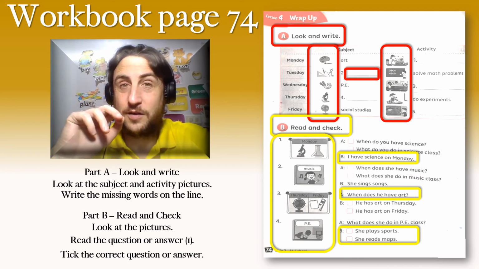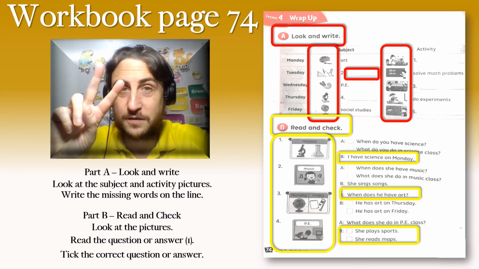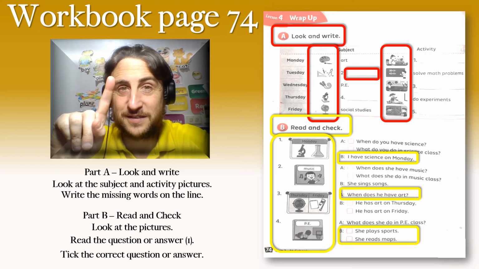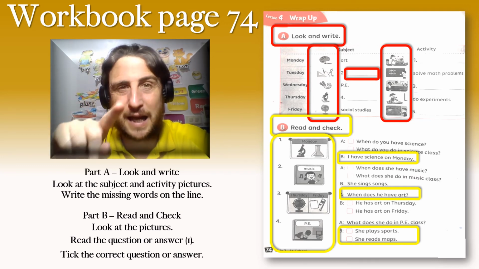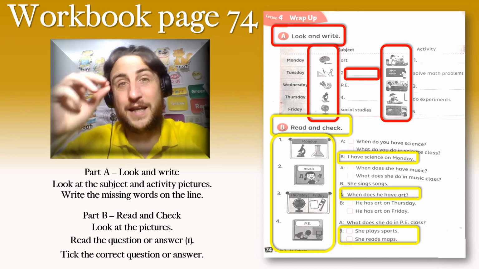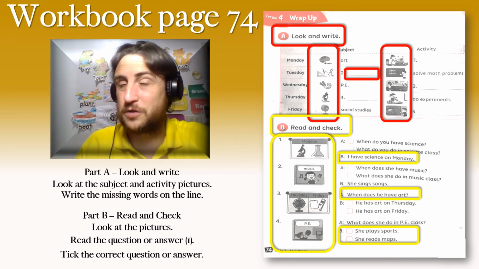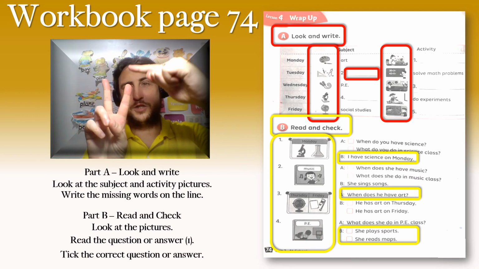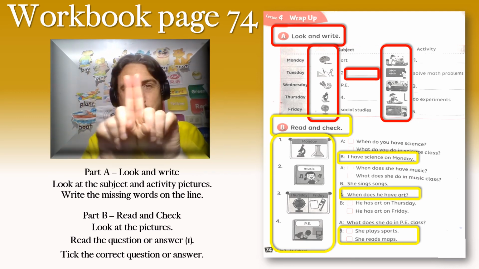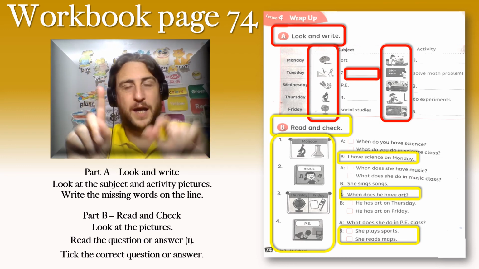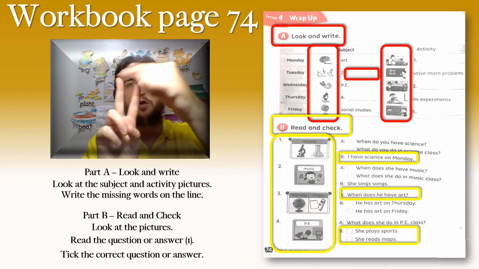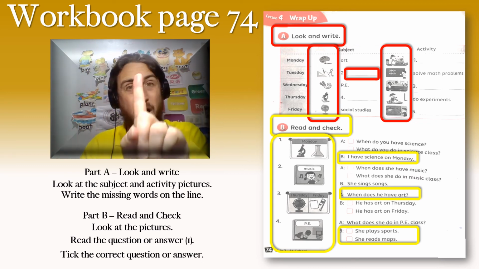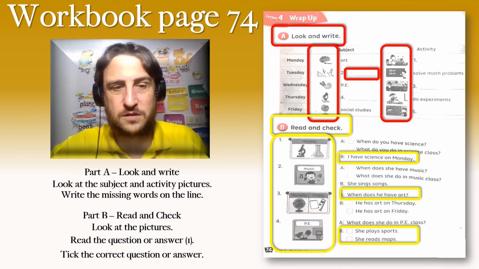If there are two questions and one answer, then you read the answer first, and then check the correct question. Question number 1, question number 2, which one is a match for the answer you have? There will be one answer, two questions. Check the questions. Only one is good for the answer.